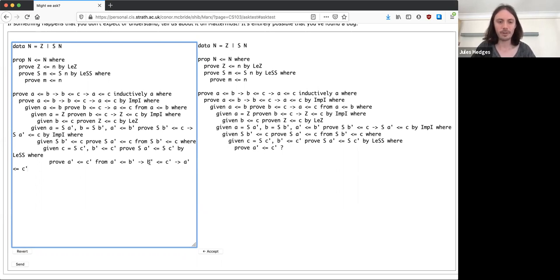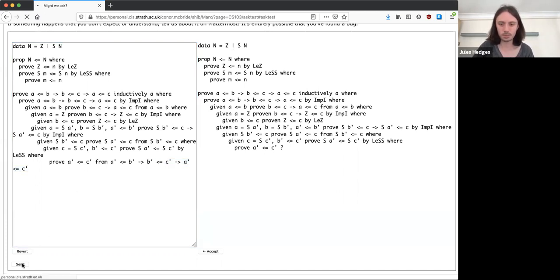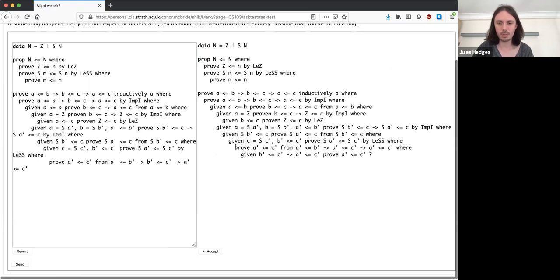And we have A prime is less than or equal to B prime as a given. So this thing is a way of turning the fact that A prime is less than or equal to B prime into this implication. So when I say this, I'm going to be given that B prime is less than or equal to C prime implies A prime is less than or equal to C prime.